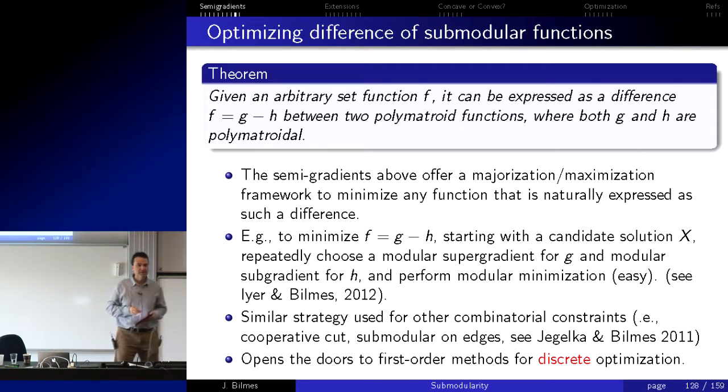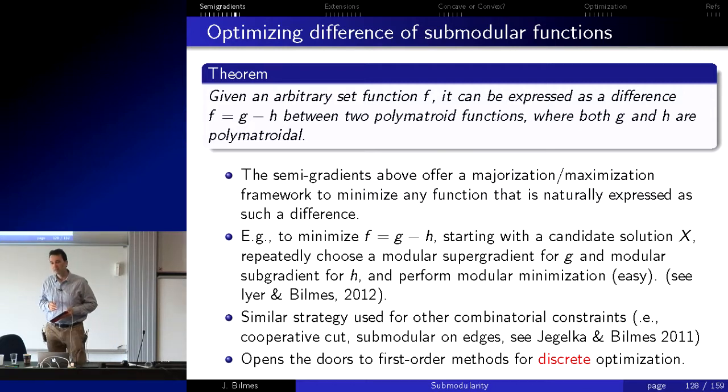Now for discrete optimization, first order methods haven't traditionally been as viable, mainly because subgradients haven't been as readily attainable, in particular subgradients and supergradients. But what this is saying here is that if you have a submodular function, and let's say you have some particular submodular optimization problem, both tight subgradients and tight supergradients are available.